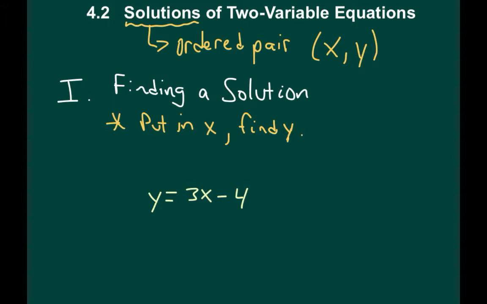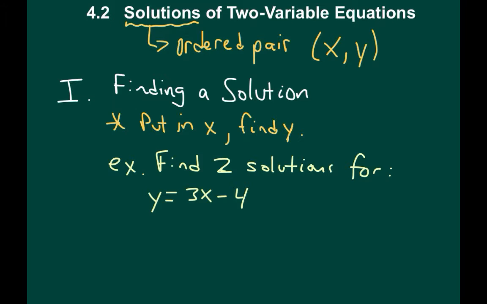Let's do this first example. I'm going to say find two solutions for, then we have the equation there, y equals 3x minus 4. And with these, there's an infinite number of solutions we could come up with, but remember, we're just trying to find points. We're trying to find an x value and y value.